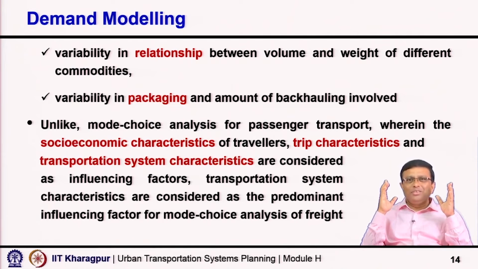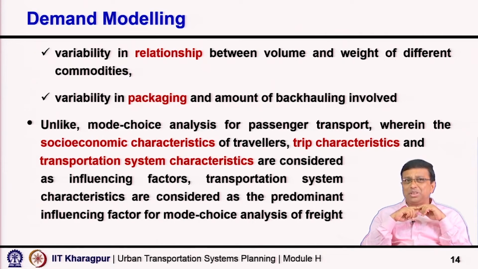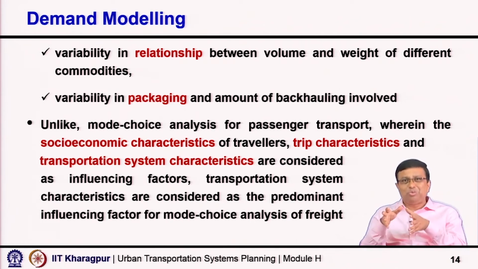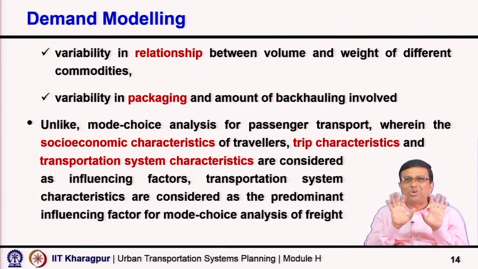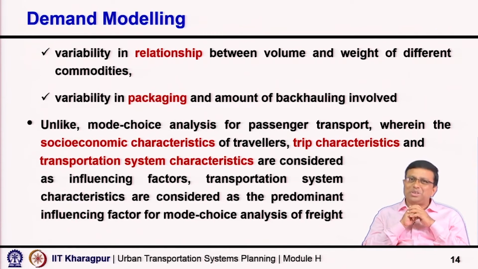It is not just the weight, volume wise also there is a limitation. The volume and weight of different commodities are different, and there is a variability in relationship between the volume and weight. How much weight will bring what volume, or how much volume will bring what weight, is not the same for all commodities. These are going to vary.